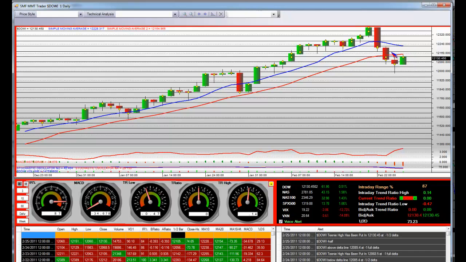Because if I don't close above half of this bar right here on the Dow at 12,142, the Dow closed at 12,130. I've got to close above that half bar right here to confirm that I have momentum to the upside bar, just as I did on the reversal side, or just like any of these reversal bars.